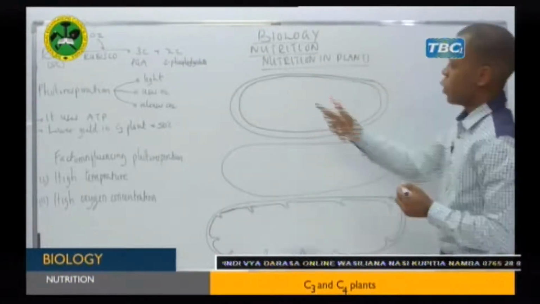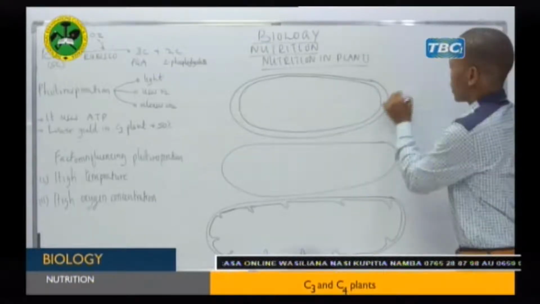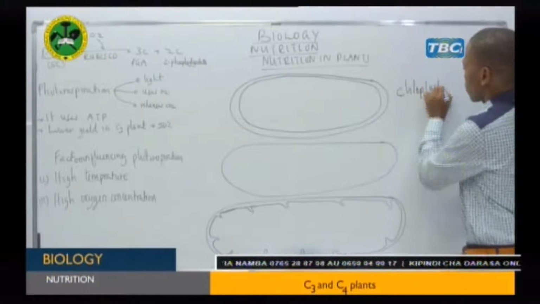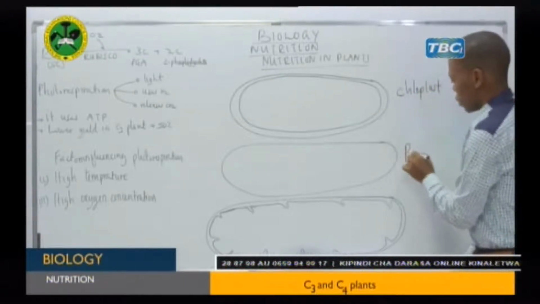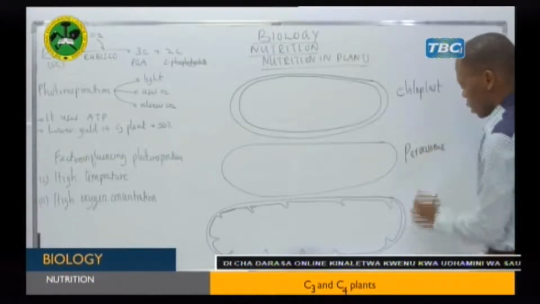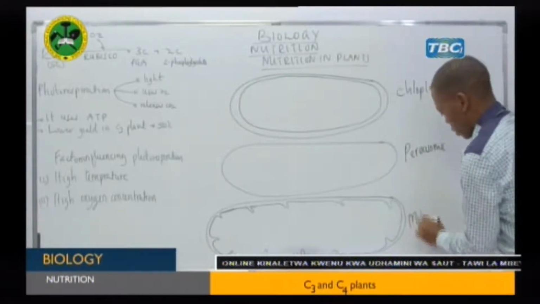Therefore, this is chloroplasts, and this is leaf peroxisomes, and this is mitochondria.